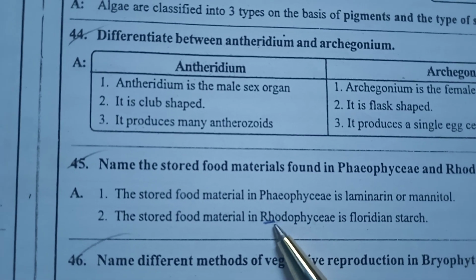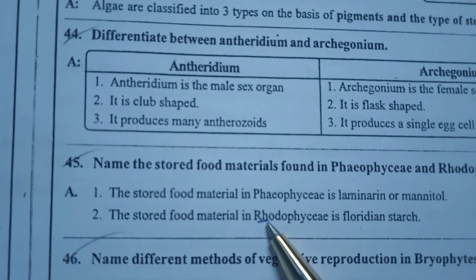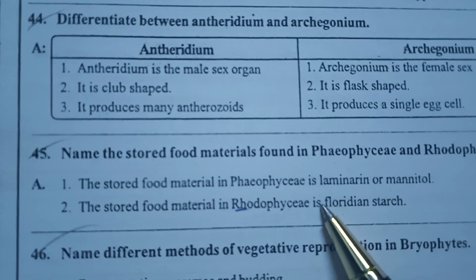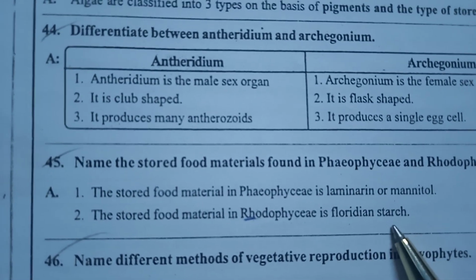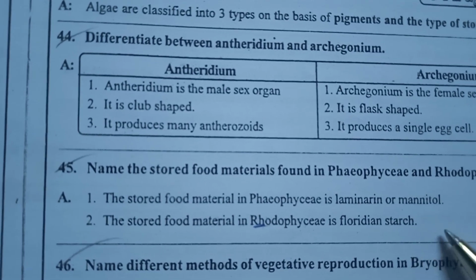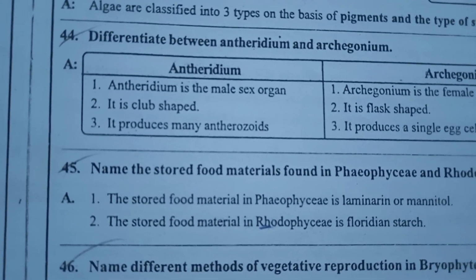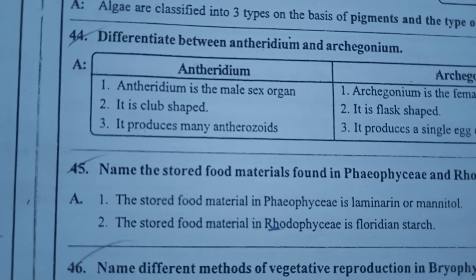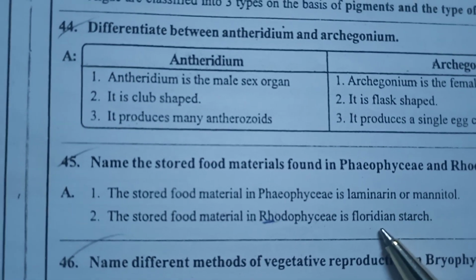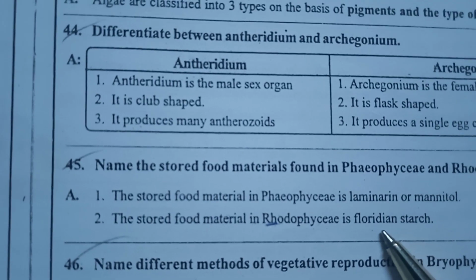Rhodophyceae is also called red algae. What is meant by Floridean starch? Floridean starch is one type of starch. It is generated from cytoplasm.